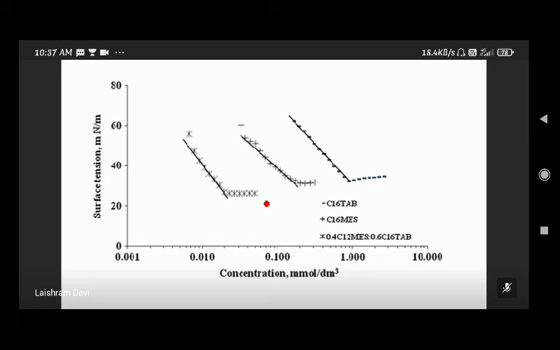Not exactly horizontal, the value will be decreasing very slowly. So the point where the horizontal line starts to show, that is your critical micelle concentration.